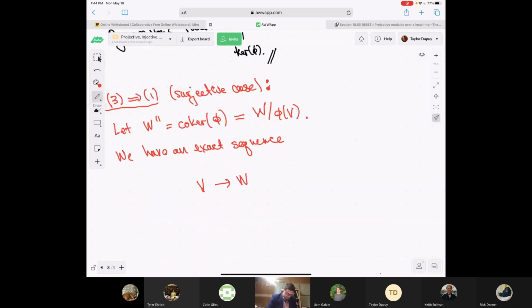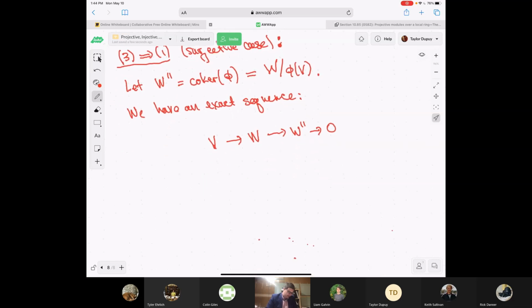I'm only going to write this thing, W prime prime. So we have this exact sequence, because the image of this is the kernel of the next. So the kernel of this map is the image of this one, and that's saying that this map is surjective.